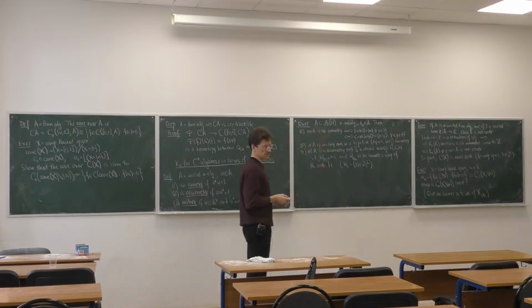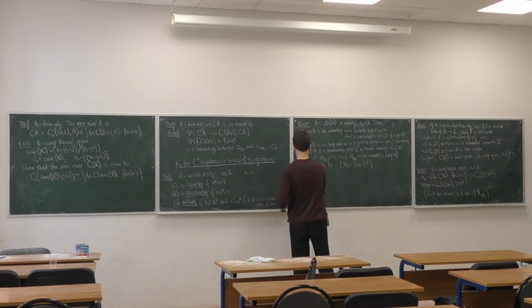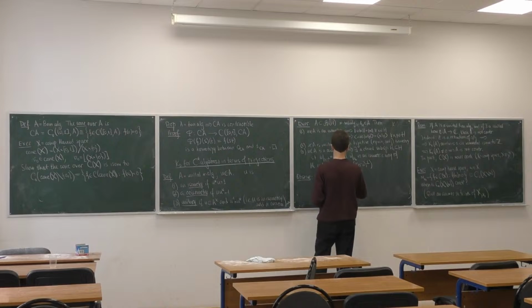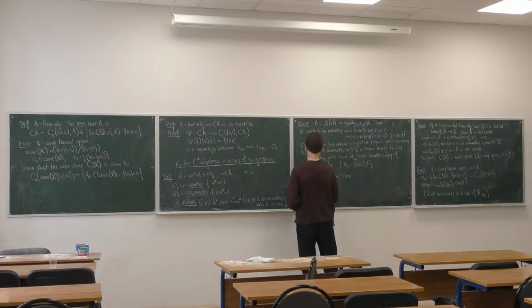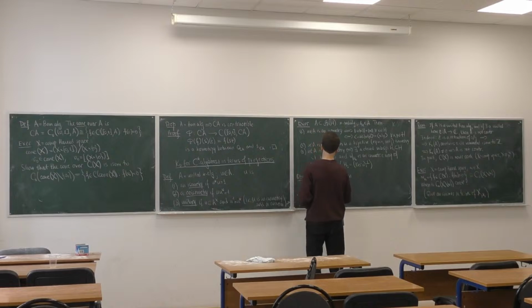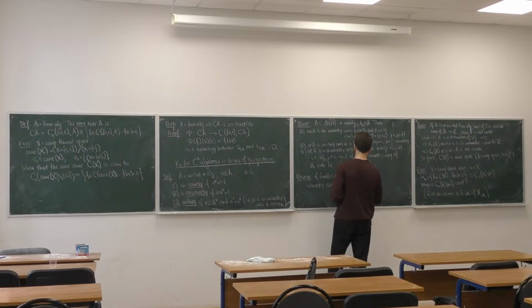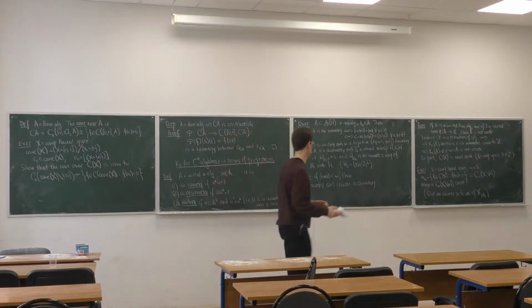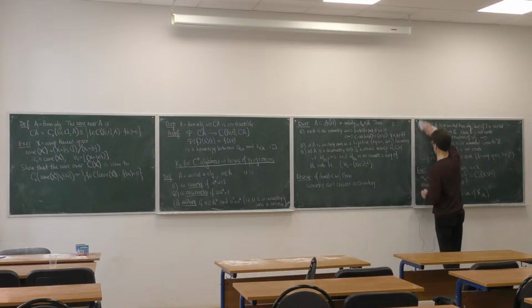Well, it's clear that if our space H is finite dimensional, then all these notions are equivalent. This is a simple observation. If H is finite dimensional, then an operator on H is an isometry if and only if it is a co-isometry, and if and only if it is unitary, because an injective operator on a finite dimensional space is bijective.